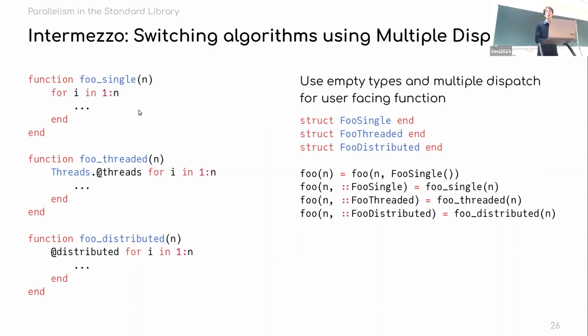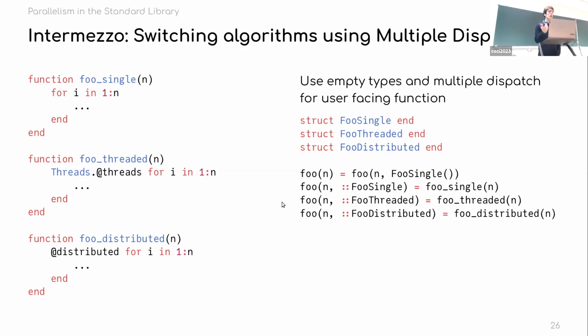Like maybe you have this function foo single, the single-threaded version that should be able to run everywhere. But then maybe I also want a version that runs threaded, and maybe a version that runs distributed, and so on. And you want to be able to switch easily between these implementations.